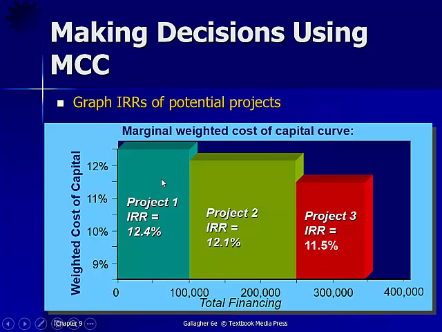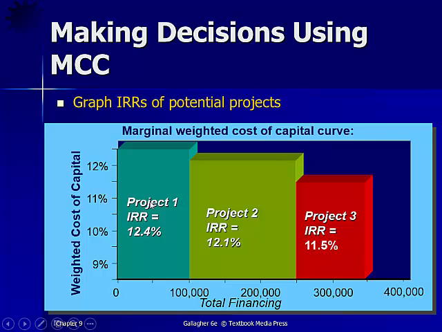Now we can look at how that marginal cost of capital schedule relates to the different projects that we're contemplating. We've ranked these from best to worst with regard to the internal rate of return. You don't need to know what IRR is exactly right now.